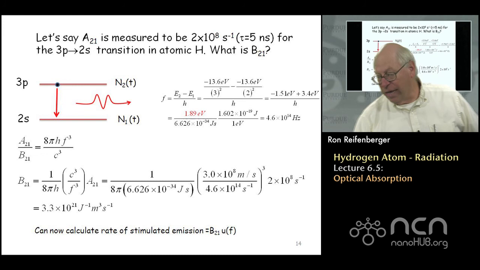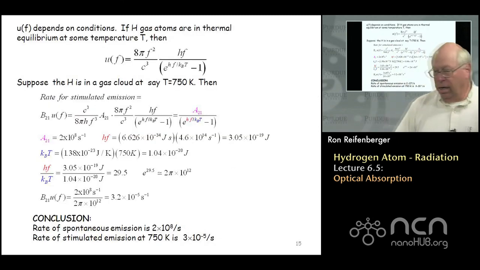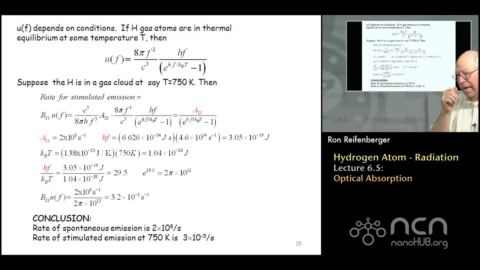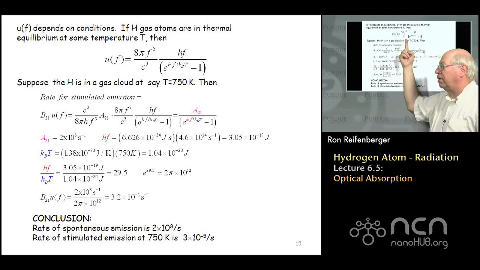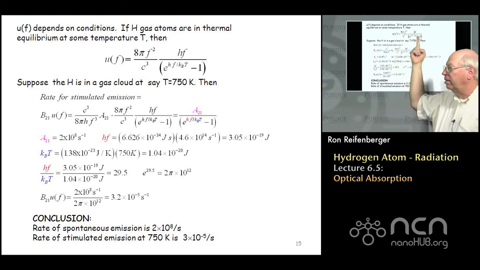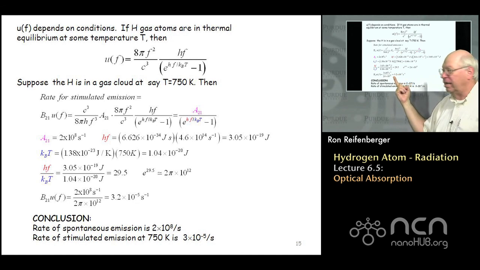And of course, that calculation depends on a model for U sub f, right? And here I just assume that the gas atoms are in thermal equilibrium at some temperature T, so that allows me to use the Planck blackbody expression for U sub f, and that allows me then to calculate the rate at which atoms go from the upper energy level to the bottom energy level in a collection of hydrogen atoms.